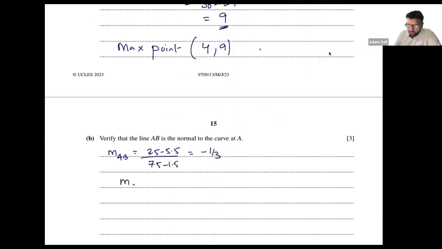So the gradient of the tangent at A should be 3. That means we are expecting the value of dy by dx at point A to be 3.